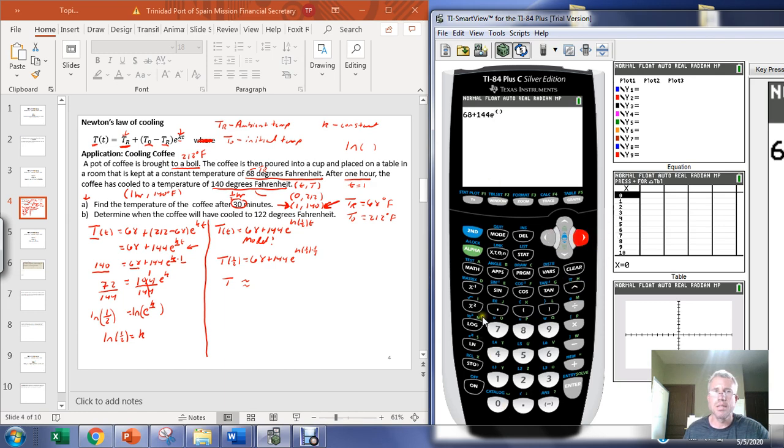So inside there we're going to put the natural log of 1 divided by 2, that is 1/2, times 1 divided by 2, so times 1/2, and then close off our exponent and hit enter, and we have about 170 degrees Fahrenheit.